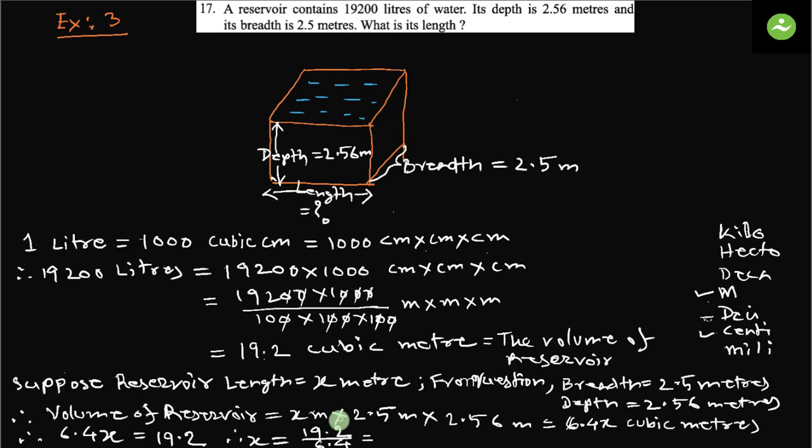Just ignore the decimal, because if we multiply both the denominator and the numerator by 10, it will be 192 by 64 and the result is 3. So the length will be 3 meters.